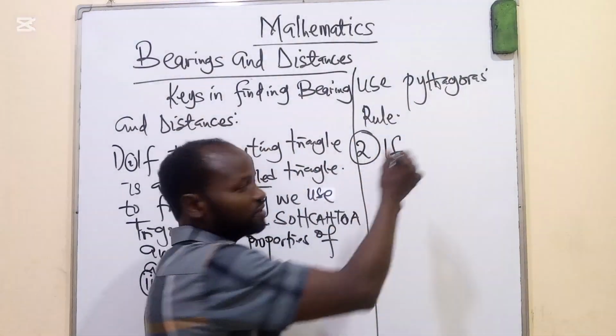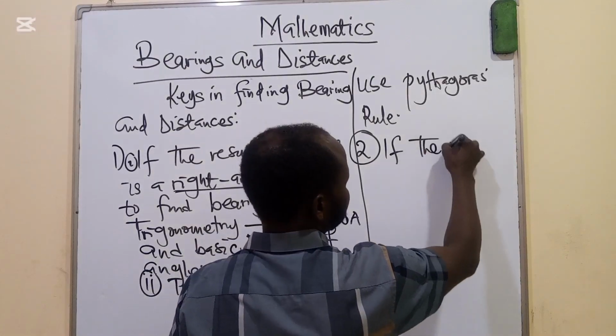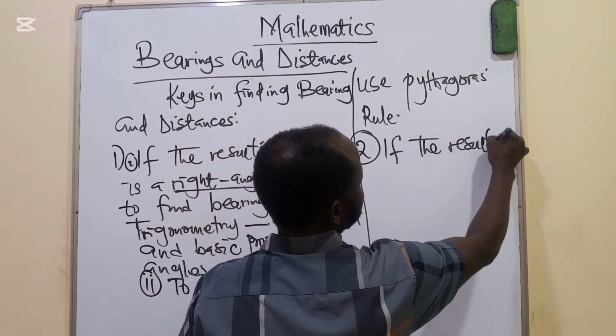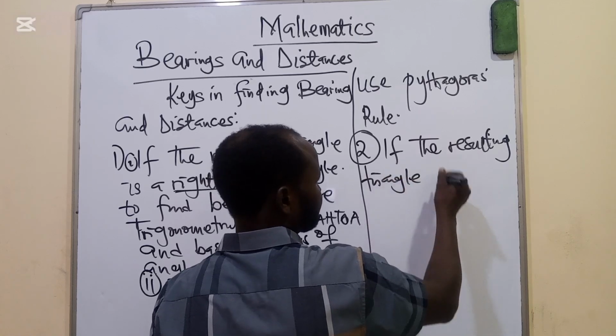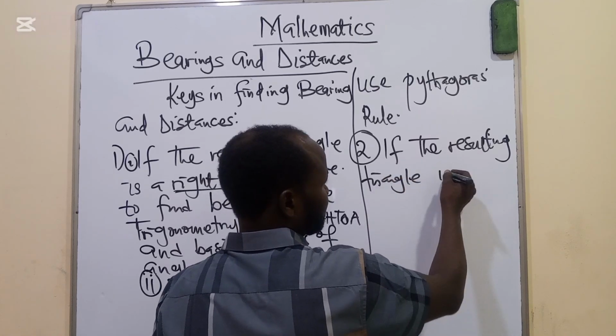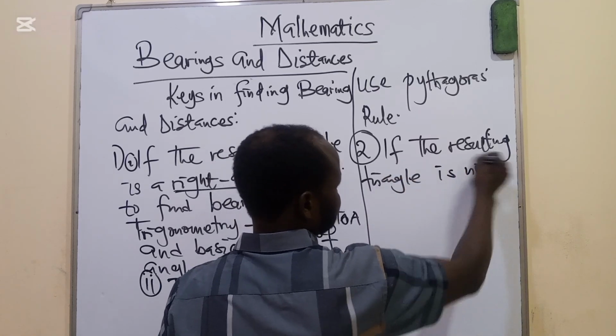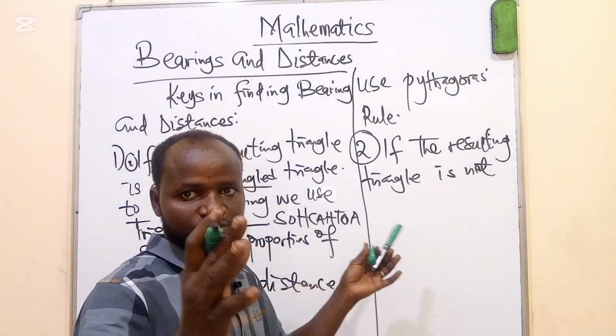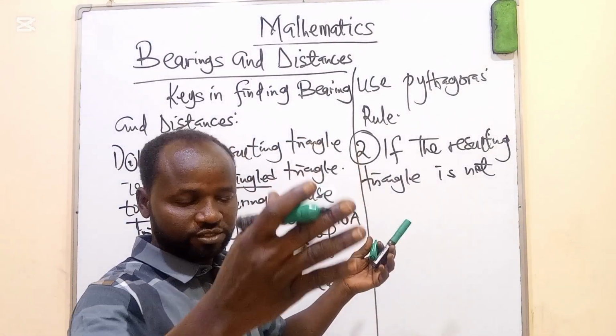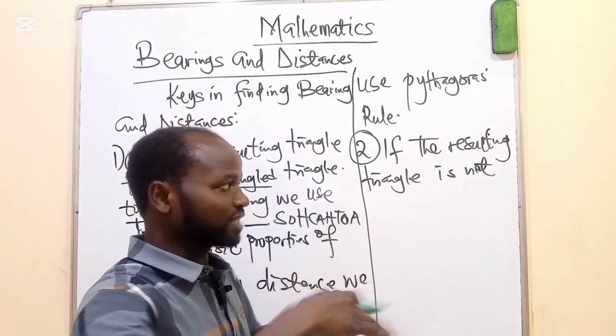If the resulting triangle, that's after drawing, is not a right angle triangle, it could be up to maybe 105, 120, like that.